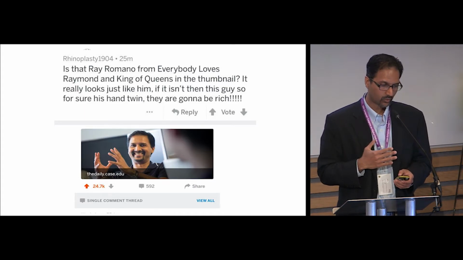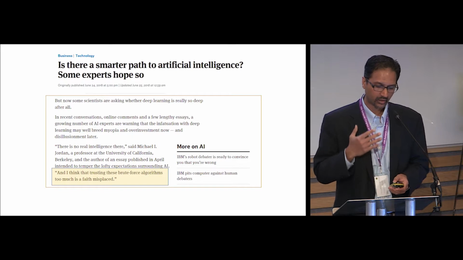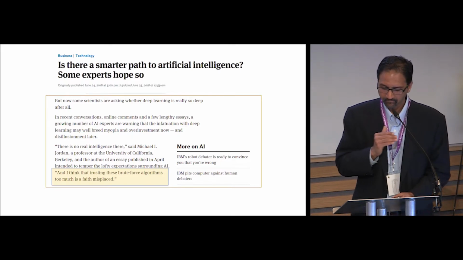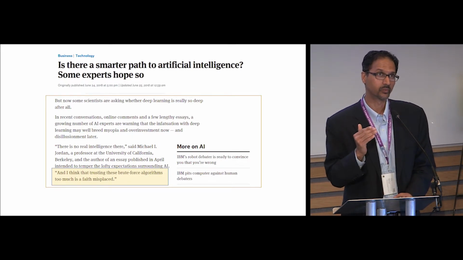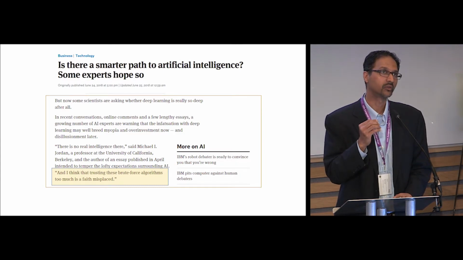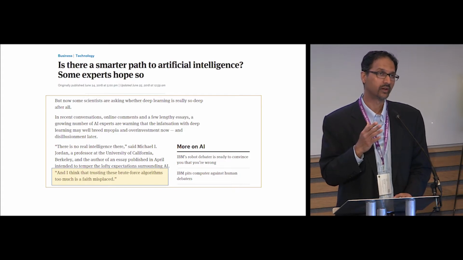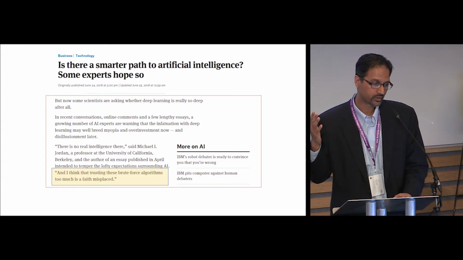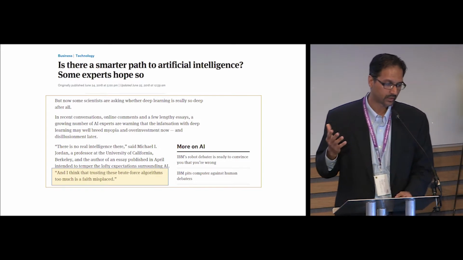And so I want to be a little contrarian here and talk about some of the challenges of these approaches, right? We're hearing more and more about some of the potential pitfalls of these sort of deep learning strategies. This is a quote from Professor Jordan at the University of California, Berkeley.